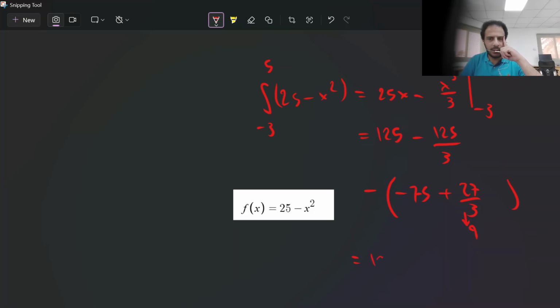Minus 75 plus 9, minus 66. So we have 125. Let's make a common denominator. You have 375 minus 125 over 3. Then here you have 75 minus 9, 66. So minus 66, which is minus 198 over 3. Is there a mistake here?